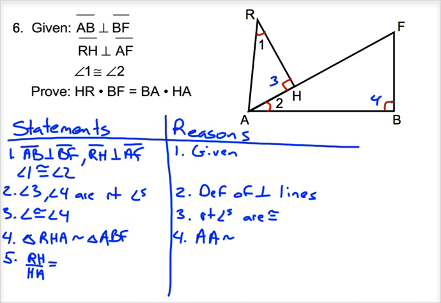And I know that this should be the same as in the other triangle if I pick the first two letters AB over the next two letters, which is BF. And my reason would be if triangles are similar, then sides are proportional.